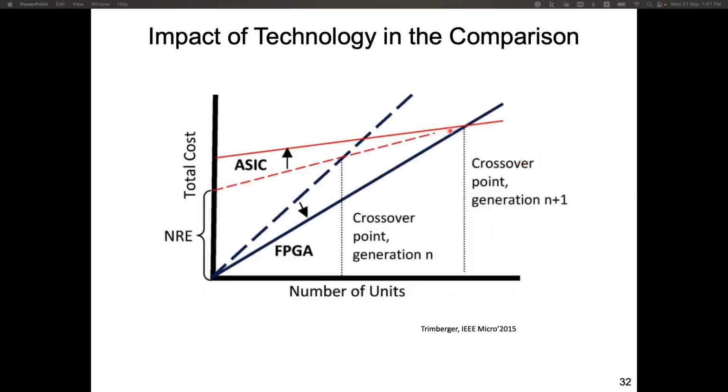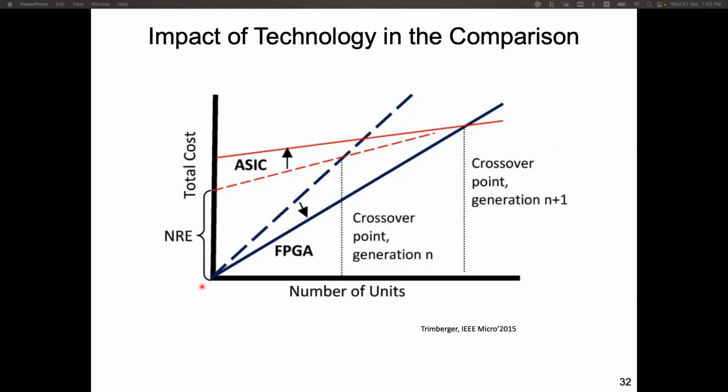Let's come back to the cost structure of ASIC and FPGA. Say the dash curve here, this is the ASIC cost for generation N, for a certain generation. So let's just call it generation N, and this is the FPGA cost for the same generation of technology.